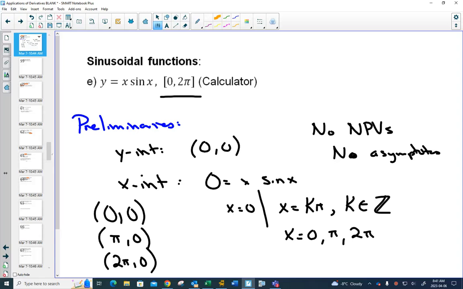And one thing to think about as far as the limit as x goes to infinity or negative infinity, you know your sine graph oscillates. It goes between 1 and negative 1. So it's not getting bigger or smaller, it's not approaching 0. And the x in front would just be getting bigger and bigger. So there's going to be no horizontal asymptotes in this case.